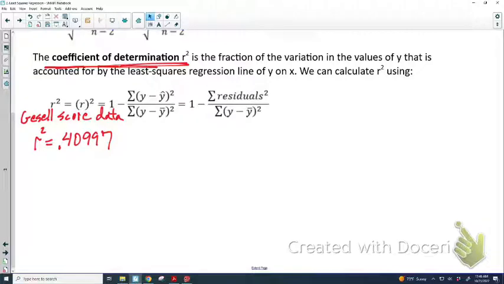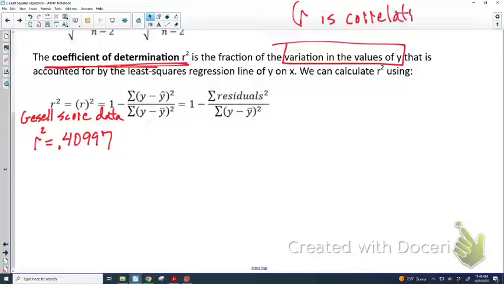The phrase we need to absolutely for sure use is variation in y when we explain this. So yes, it is the square of r. Don't forget, r is correlation. It's the strength between x and y. All right, don't forget that.